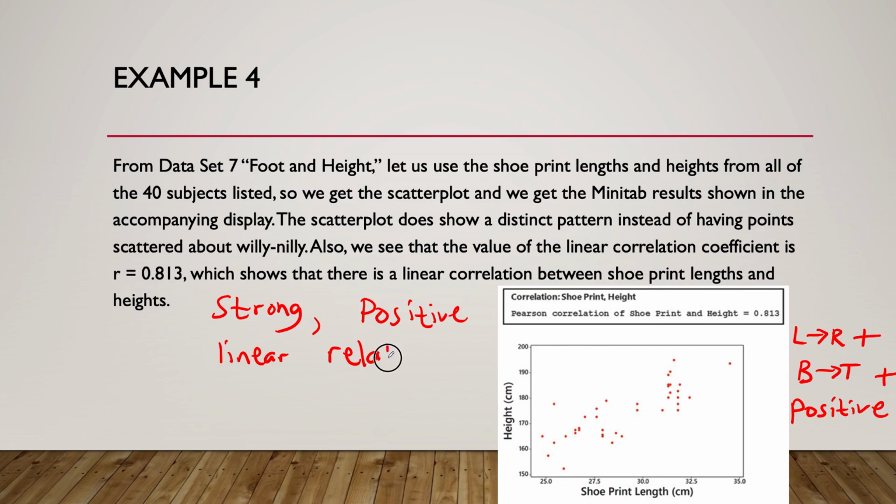And as such, when we eventually do form the line of best fit, it will have a positive slope, which is a good thing. Well, it doesn't matter if it's positive or negative per se, but as long as it has a correlation coefficient indicating that we have indeed a linear relationship.